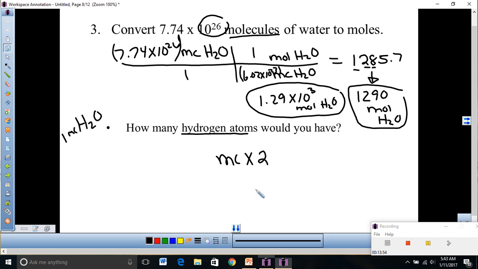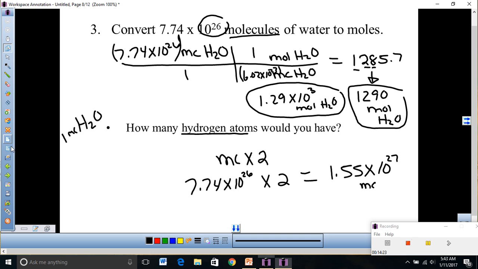I need to multiply the molecules by 2. Well, this answer is not molecules. That's moles. So my molecules are up here in this problem. So I need to multiply this by 2, because for every one of those molecules there's 2 hydrogen. So I multiply that by 2, and I get 1.55 times 10 to the 27th.